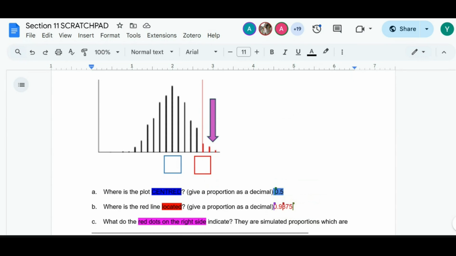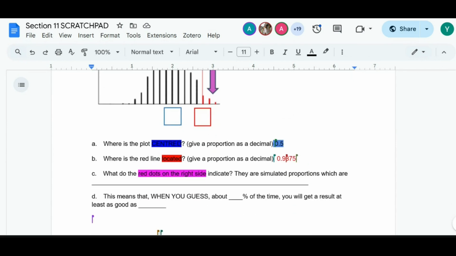Now comes, I ran out of colors, so I use purple now. There are some red dots after this. What do the red dots on the right side of the red line indicate? They are simulated proportions which are greater than what? Can you fill in a number? The red dots after the red line are simulated proportions which are greater than, very good.